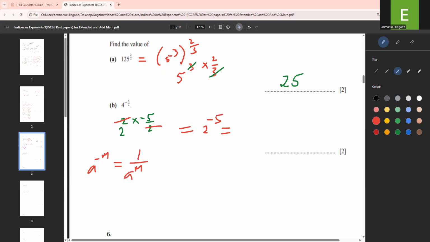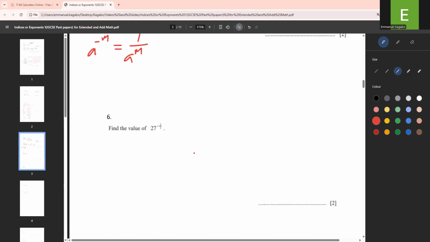So very important. Can I continue? Now, this one also can be written as 1 over 2 power 5. That's my final answer here.